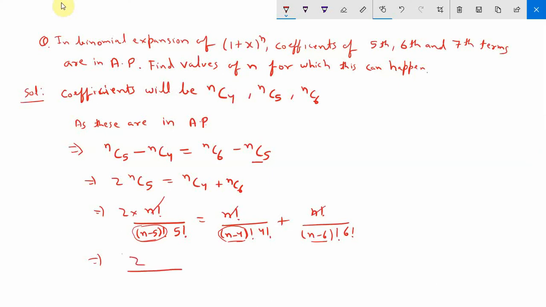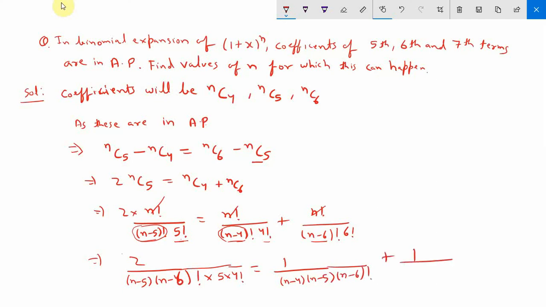So 2 by 5 factorial, 4 factorial, and 6 factorial. 4 is the smallest, so we reduce 5 factorial to 5 into 4 factorial. (n minus 5) factorial we reduce to (n minus 5) into (n minus 6) factorial, and (n minus 4) factorial we reduce to (n minus 4) into (n minus 5) into (n minus 6) factorial.